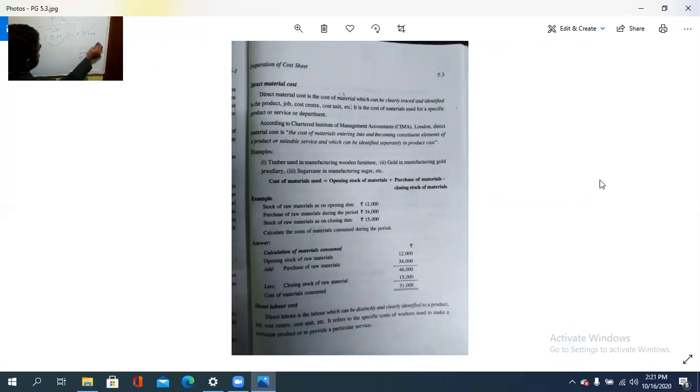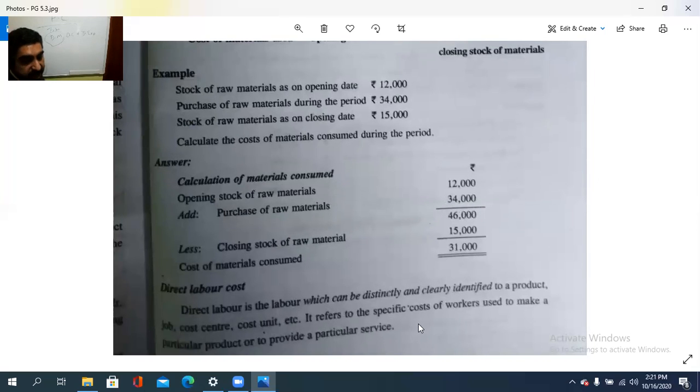Then we see what is direct labor cost. Direct labor cost means it can be distinctly and clearly identified to a product, job, cost center or cost unit. The labor employed in production of that particular thing, otherwise for rendering a service, that is the direct labor cost.